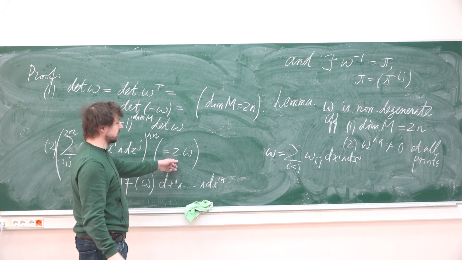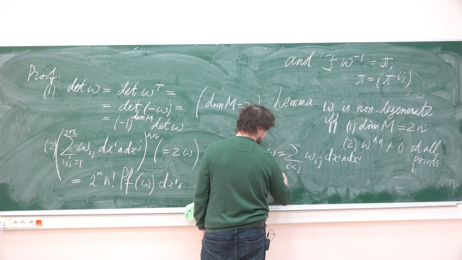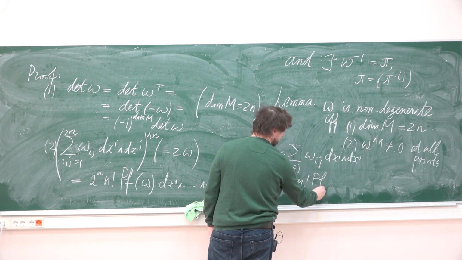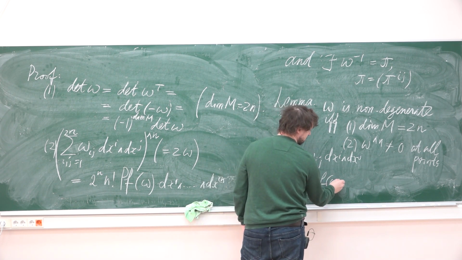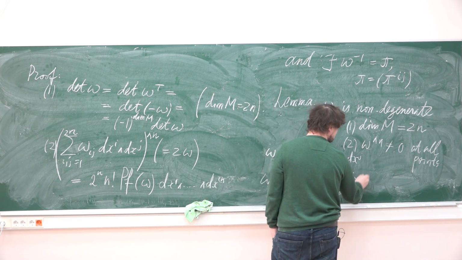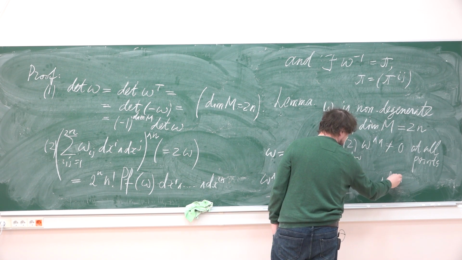So here, for instance, I'll get just omega to the power n is equal to n factorial Pfaffian of omega of the matrix times dx1 through dxn.